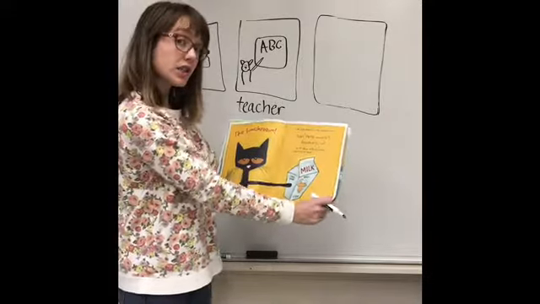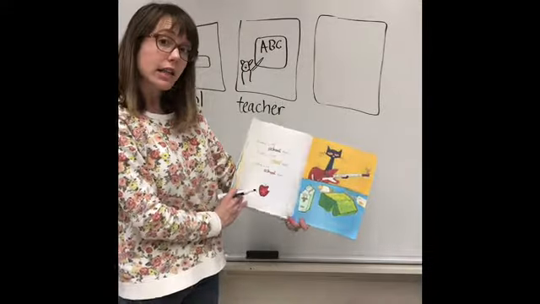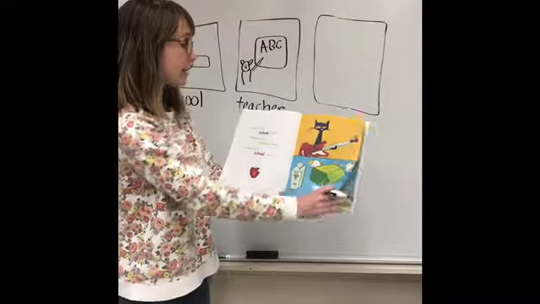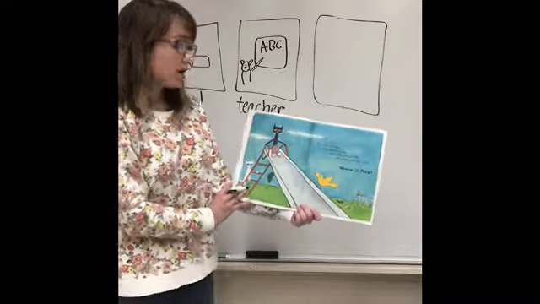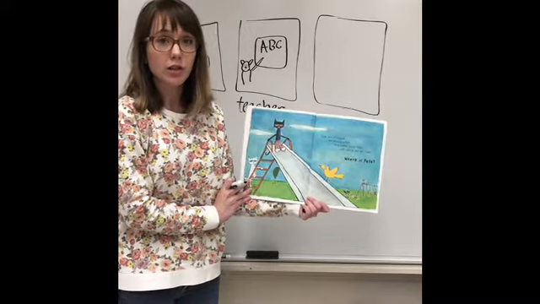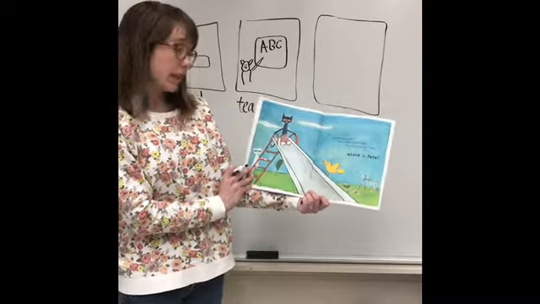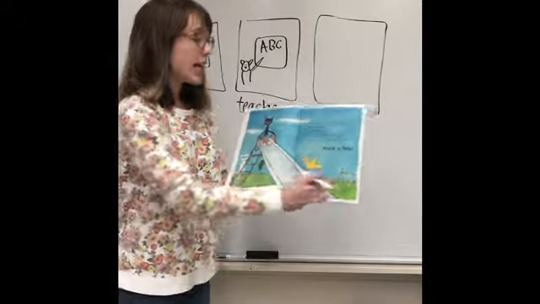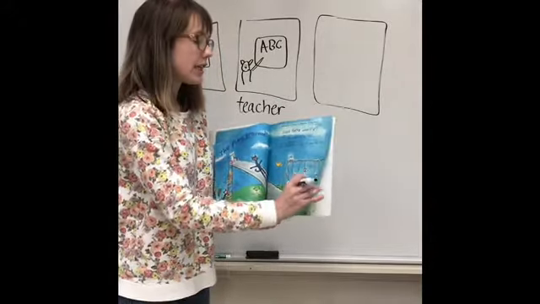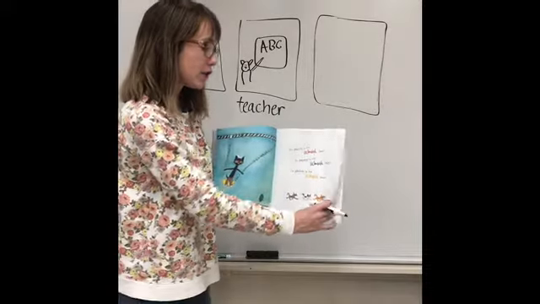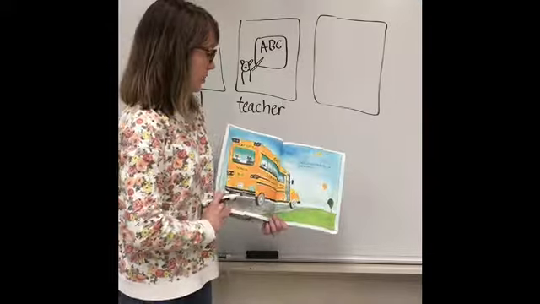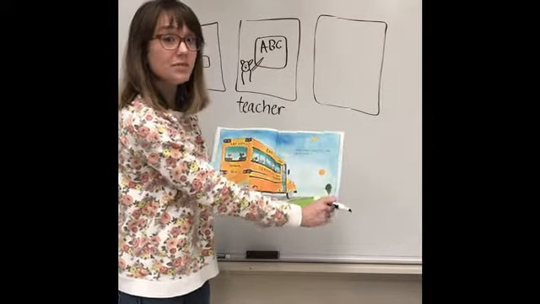And then if I wanted to continue on, because if I'm retelling, I would continue on telling more information, is that he's leaving the cafeteria to go to the playground. And I might draw another picture of Pete in the playground. And I would continue on in order until I get to the end of my story. So he does a few more things until he's finally back home again.